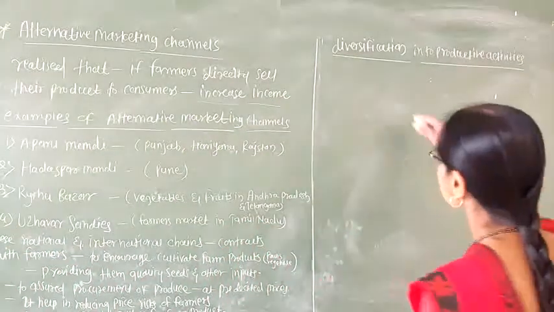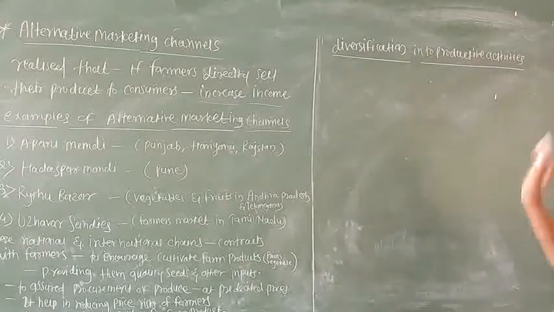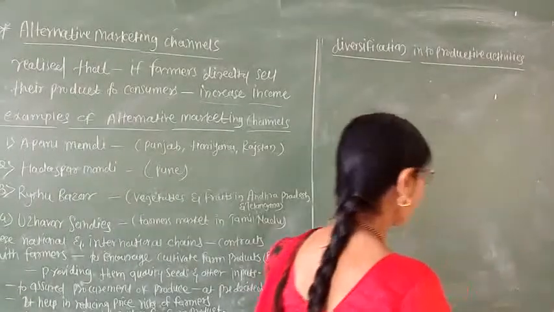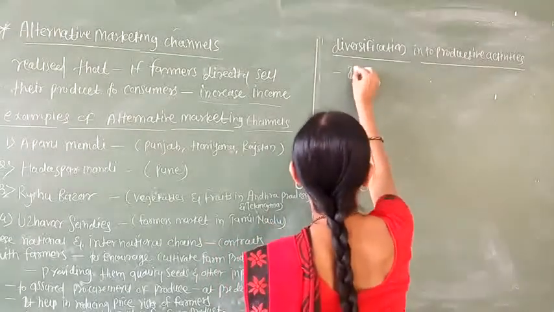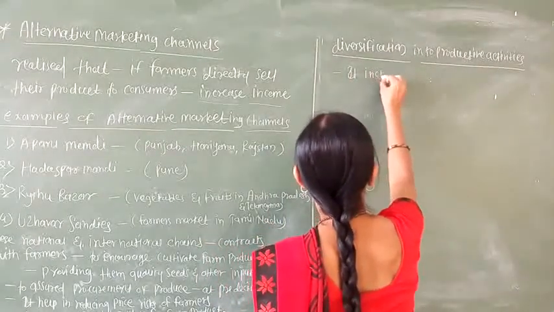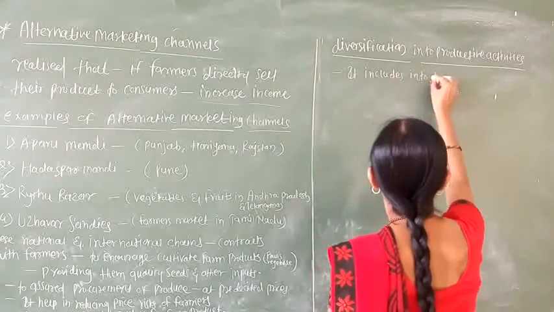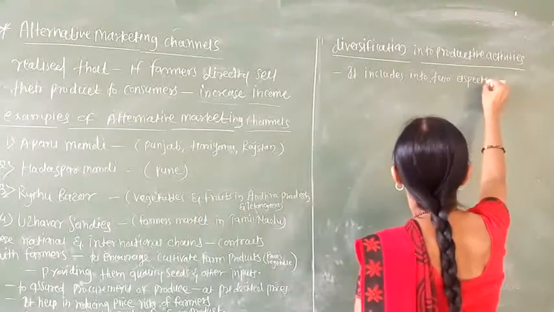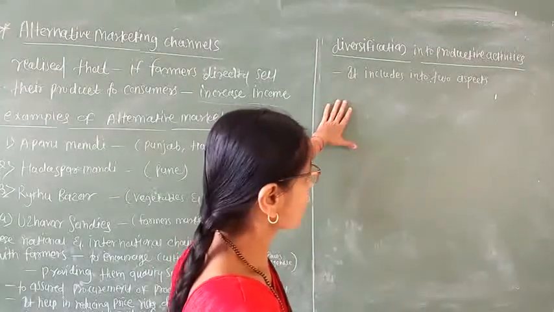Then the next concept is diversification into productive activities. Students, the diversification into productive activities includes 2 aspects.